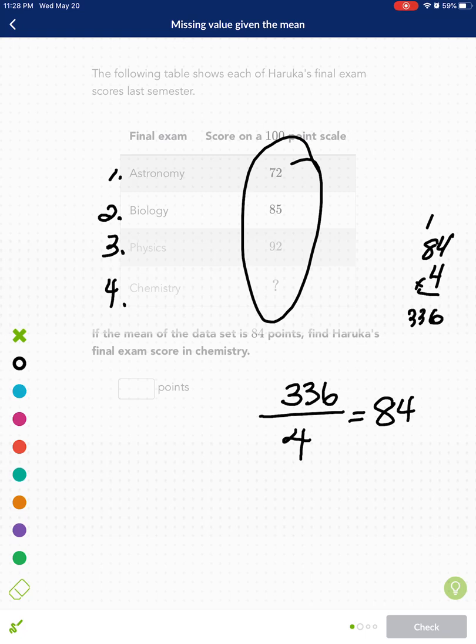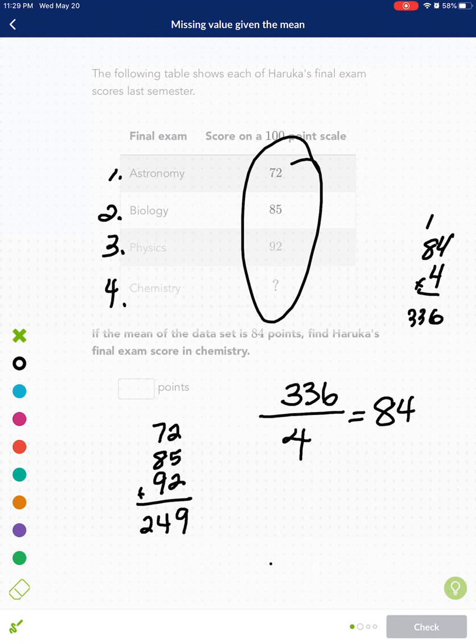All right, so what do we have accounted for so far? We have 72 in astronomy, 85 in bio, and 92 in physics. So 5 plus 2 is 7, 8, 9. 17 plus another 7, 24.